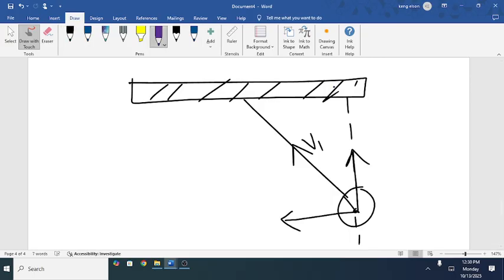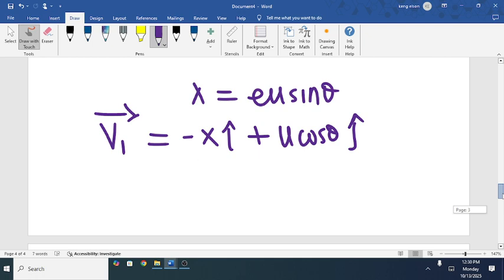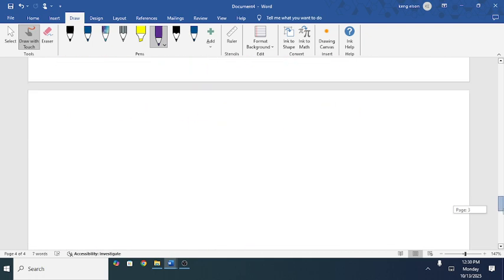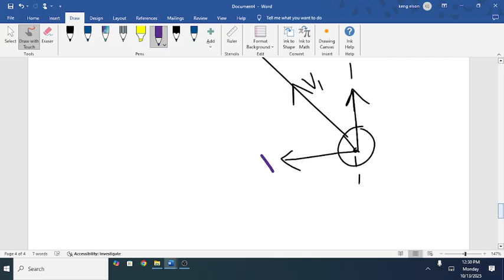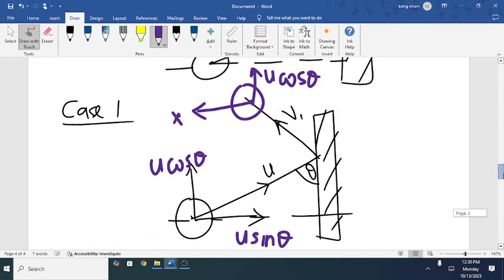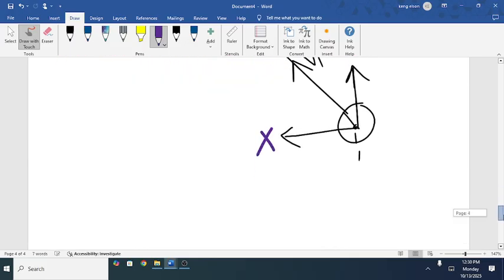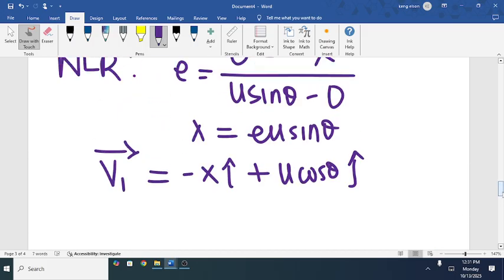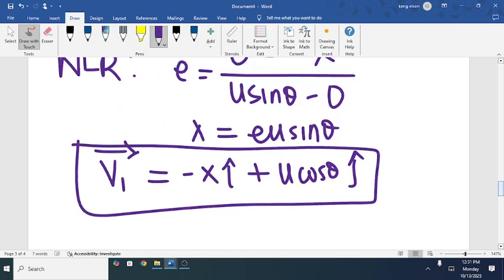If you check the previous diagram, the horizontal component of v1 is x, so this stays as x. Then what about the vertical? The vertical is u cos theta, so this stays as u cos theta. So that's v1. In fact, if you check the previous step, the x component is minus x going to the left, and the y component is u cos theta.